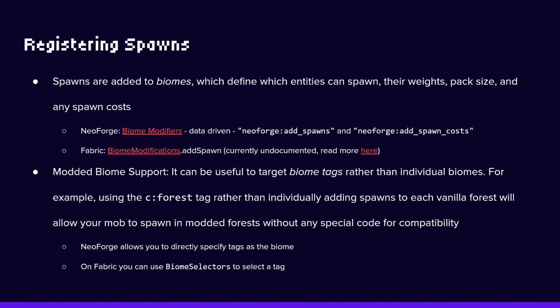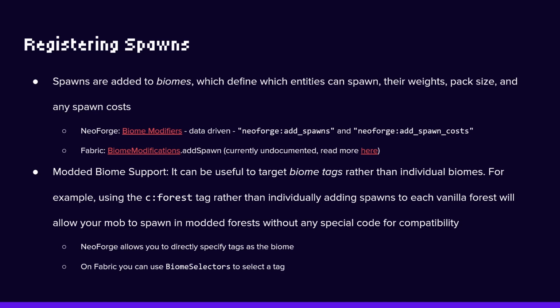And then one important consideration for when you're adding spawns to biomes is, say you added something to every forest manually, like if a mod added a new forest biome, then your entity wouldn't spawn there. So instead, you can target biome tags.